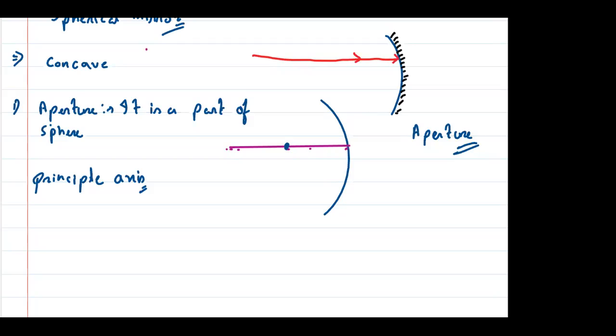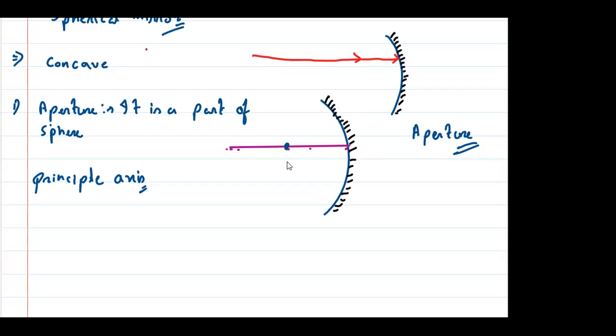So what is the principal axis? It is just a straight line which is perpendicular to the mirror. If we shade this portion, then it will become your concave mirror. I'm talking about concave mirror for now. The same thing you can talk about convex mirror also.